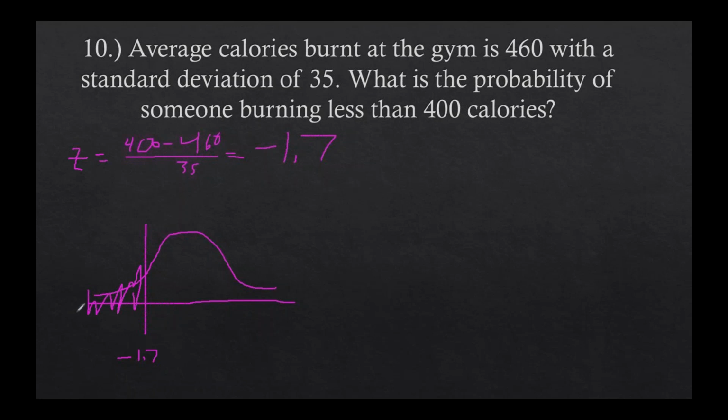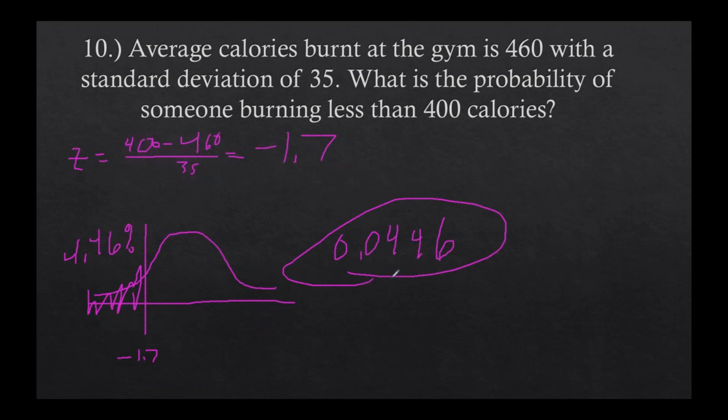So then you look at your table, and what do you get? Perfect. 4.46%. You might have written that as a decimal, 0.0446. I want to tell you this right now.